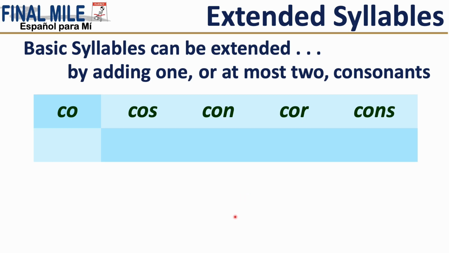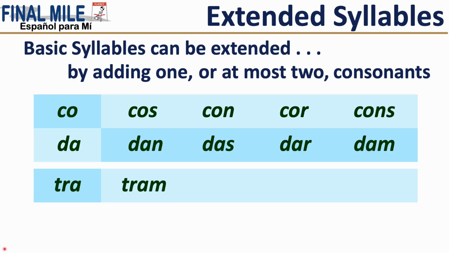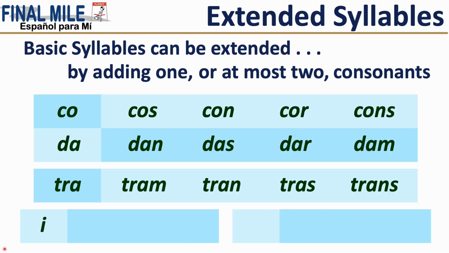We're going to find out how to do that in just a moment. Da, dan, das, dar, dam, and even a compound syllable. Tra, tram, tran, tras, trans.